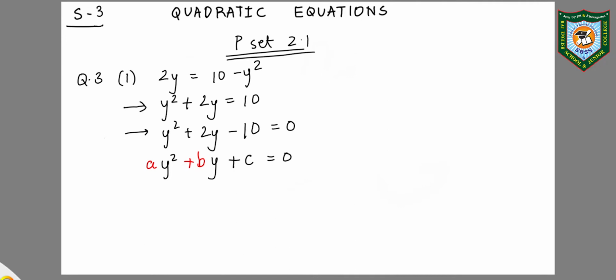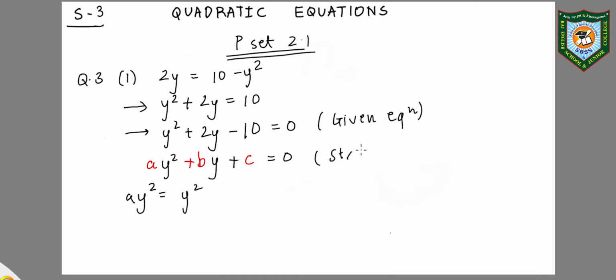So all I need to do is make sure that my coefficients are compared correctly with my current equation. So here I have ay square is equals to y square. This is my given equation and this is my standard equation.